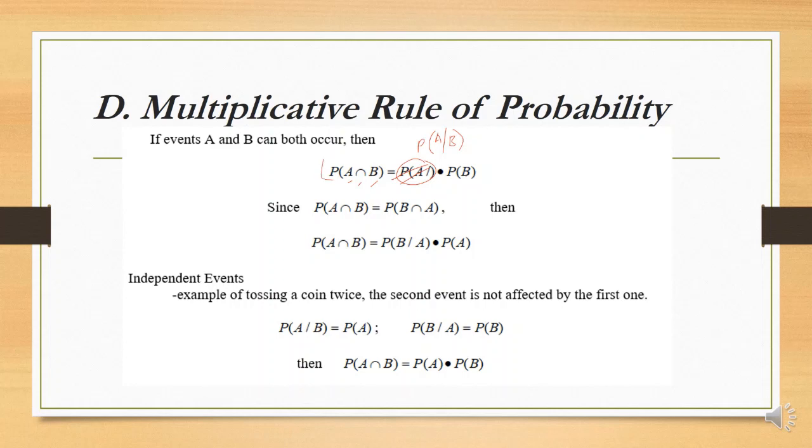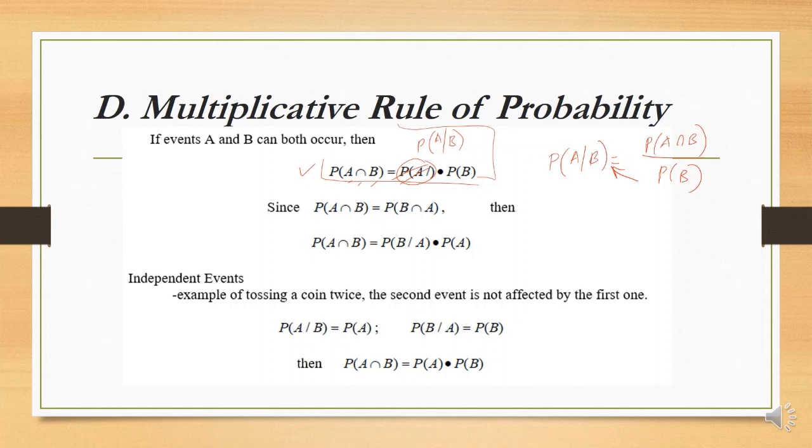If you notice, this was derived from our previous type, which is conditional. If you transpose this, magiging ganito siya: P of A intersection of B over P of B. Diba? So, minultiply yon, naging ganito yung kanyang form.